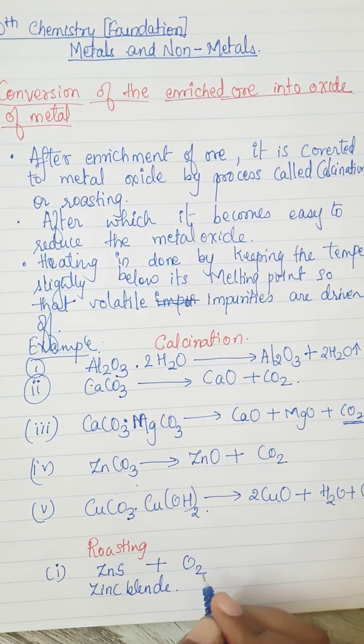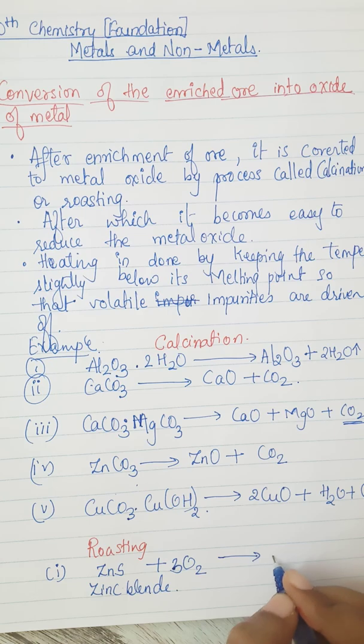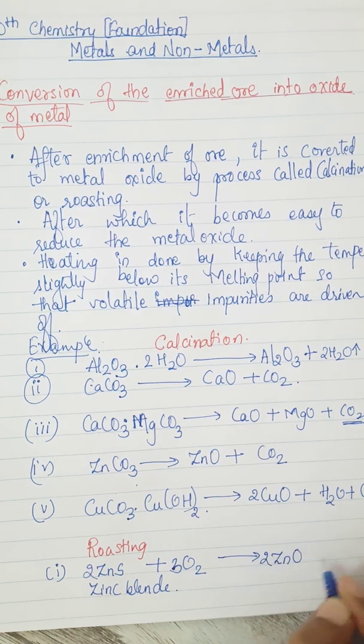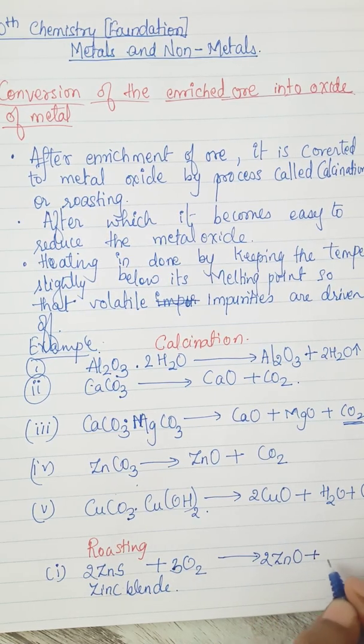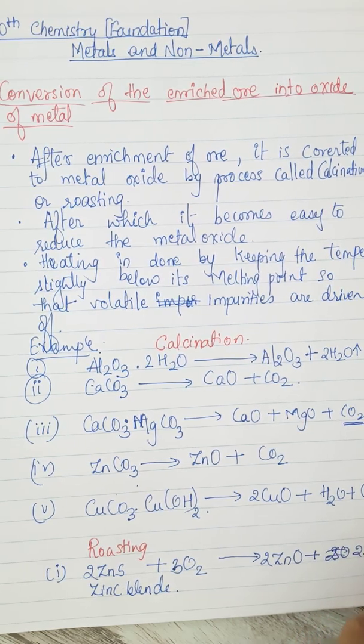When we take oxygen and heat it, we get zinc oxide and the volatile impurity sulfur dioxide.